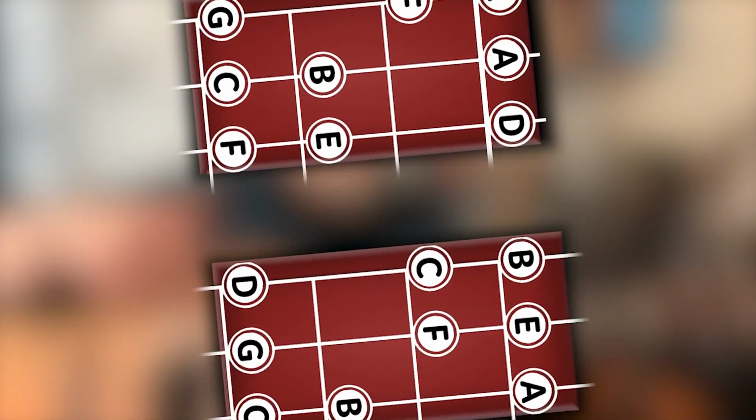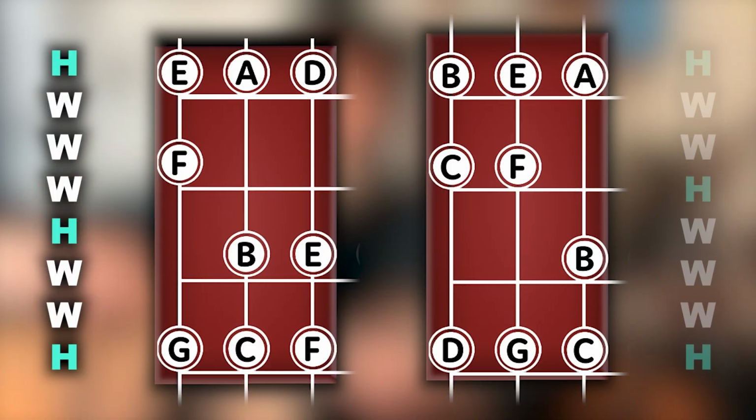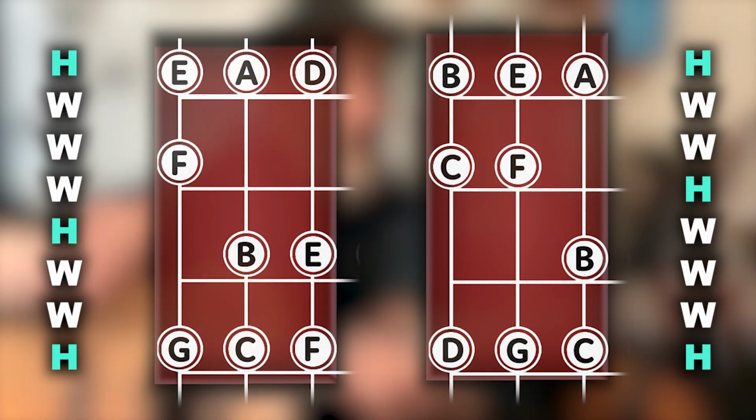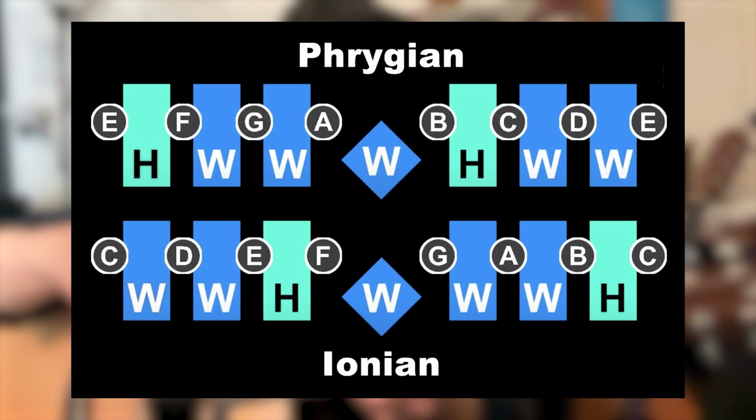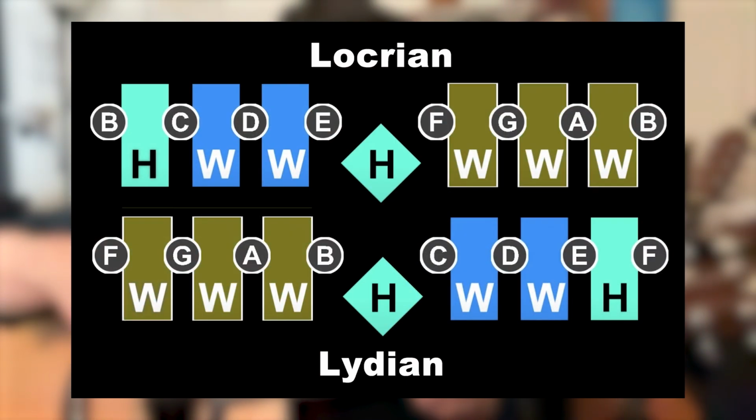They are palindromic. The interval structure of one is the opposite of the interval structure of the other, just as the Phrygian mode and the Ionian mode are opposite, and the Lydian mode and the Locrian mode are opposite.